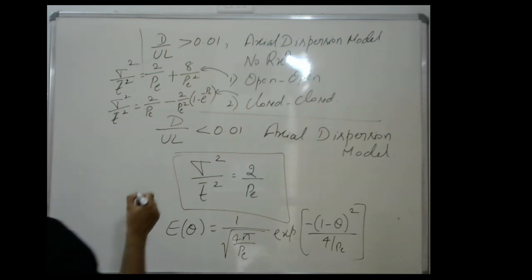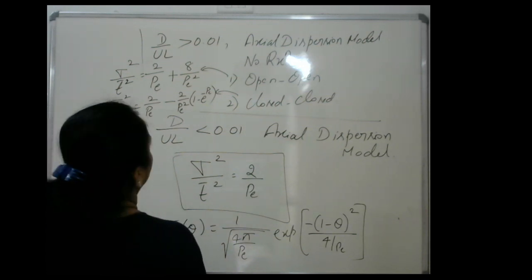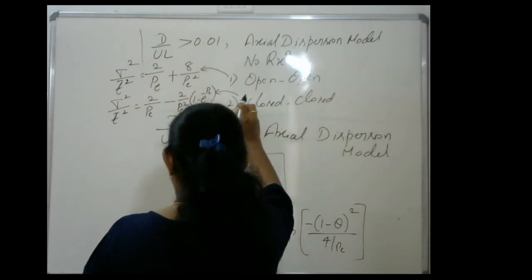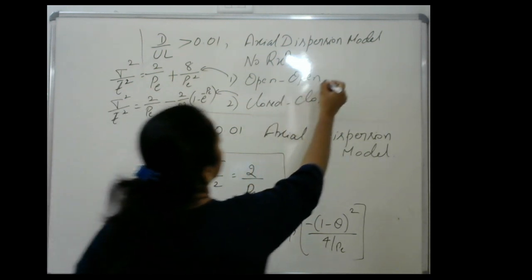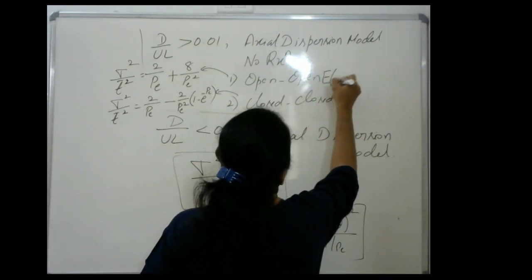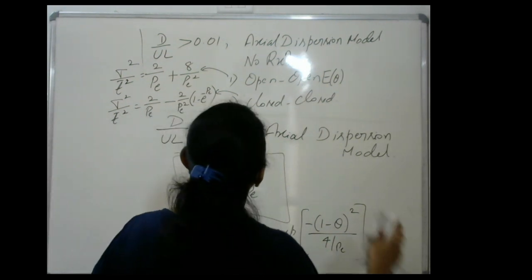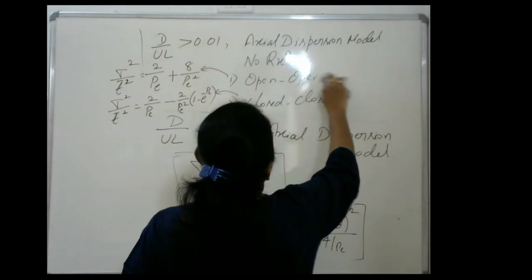And for the vessels, E theta. Let me write E theta for the open vessel. That space is not sufficient for me, let me write it somewhere down.